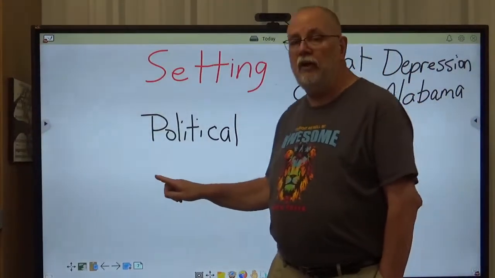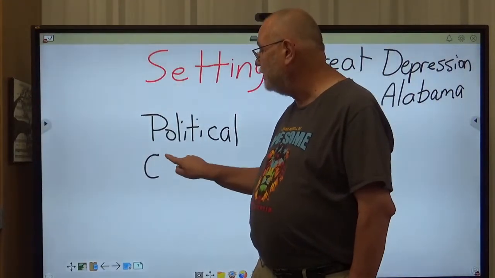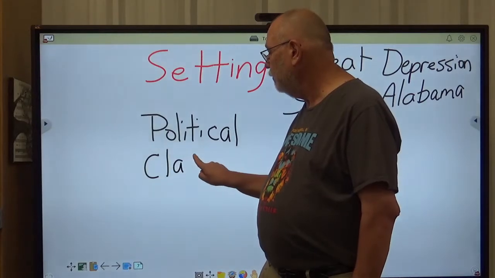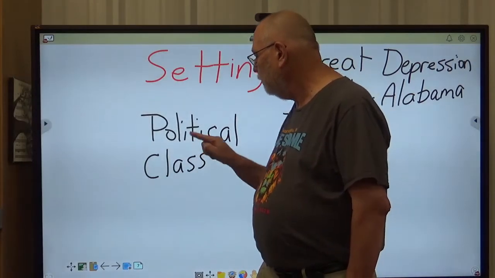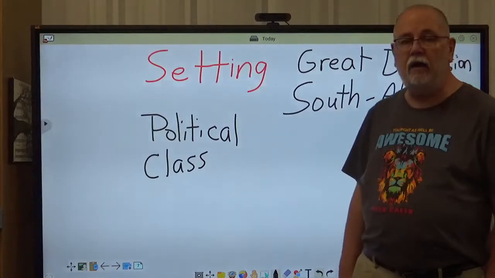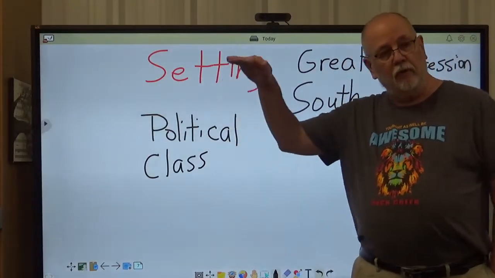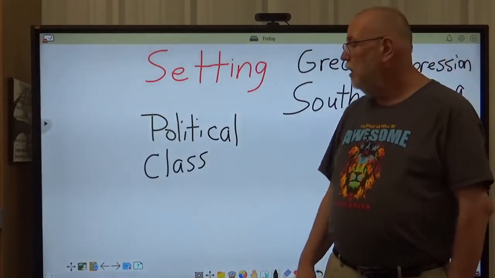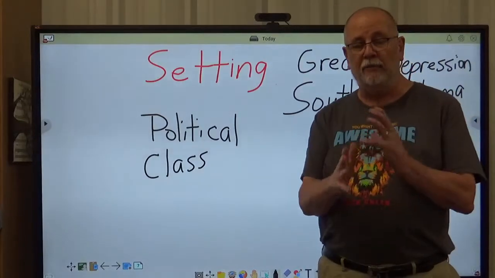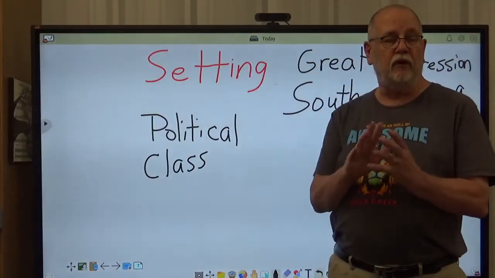So it's not just a political book, it's also a book about class. All right? And you know the 3 classes: upper, middle, lower class. And it's about the conflict that sometimes can occur between people in different classes.